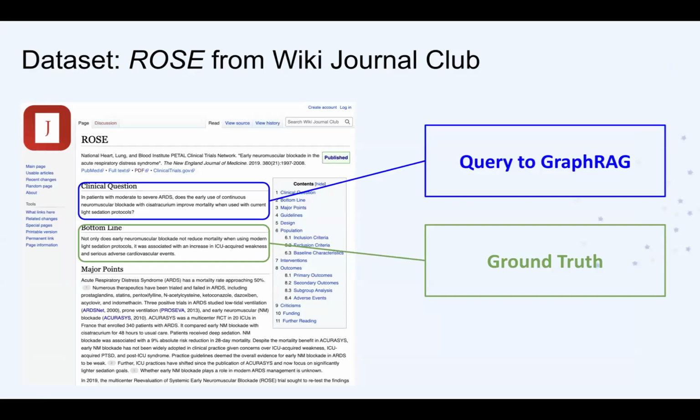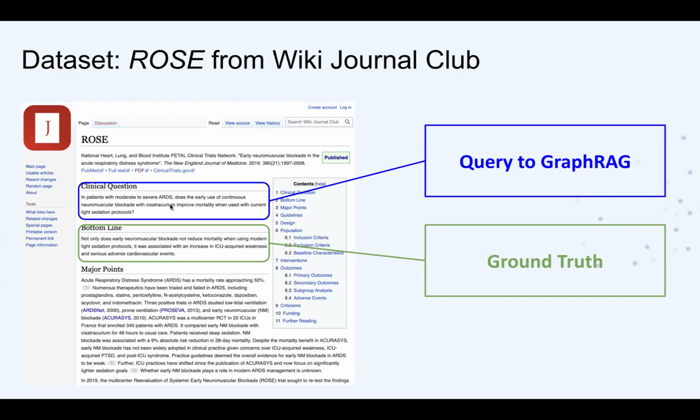Next, in terms of data set, I used the ROSE paper from WikiJournal Club. ROSE is a research paper talking about acute respiratory distress syndrome, known as ARDS. It's one of the obvious conditions in critical healthcare.